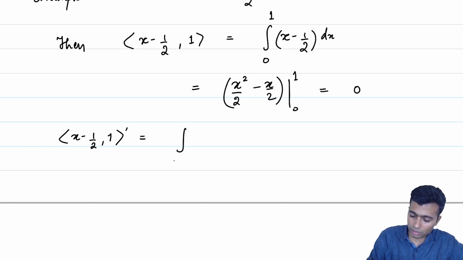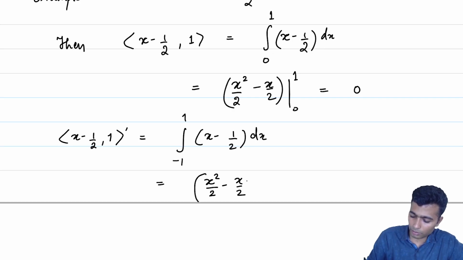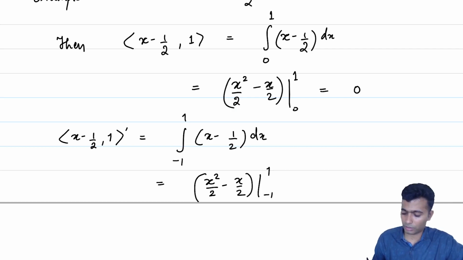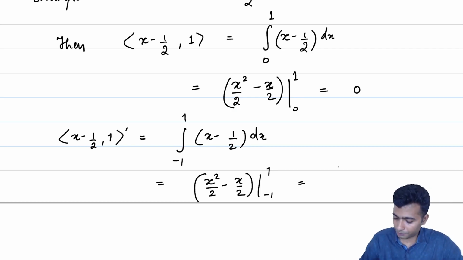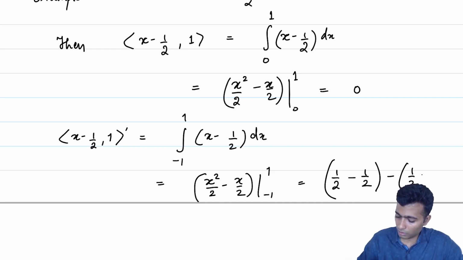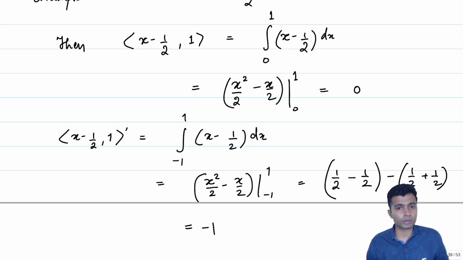This is just the integral from minus 1 to 1 of x minus 1 by 2 dx, which is equal to x square by 2 minus x by 2, from minus 1 to 1, which is equal to 1 by 2 plus 1 by 2 minus (1 by 2 minus 1 by 2 plus 1 by 2), which is equal to minus 1, which is not 0.